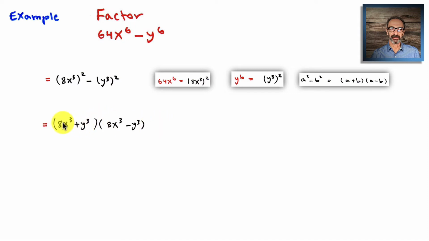And now I have a, that's my a, inside a plus b times a minus b. Now, the 8x to the third could be looked at also as a cube, which is 2x times 2x times 2x.